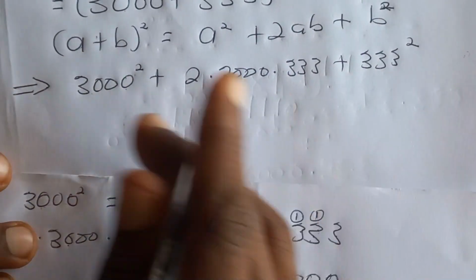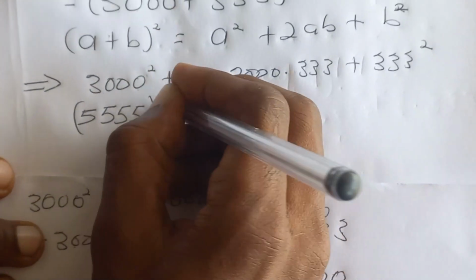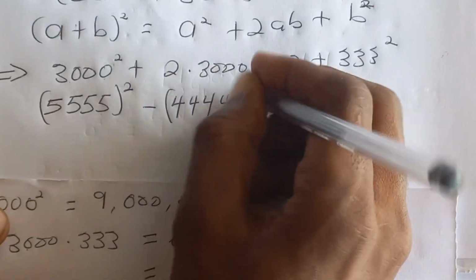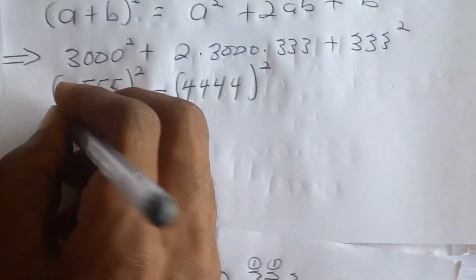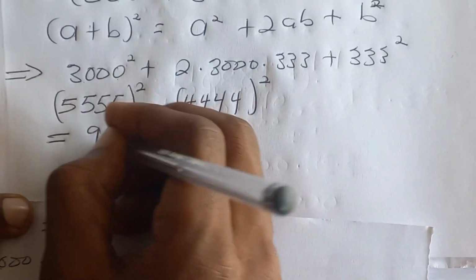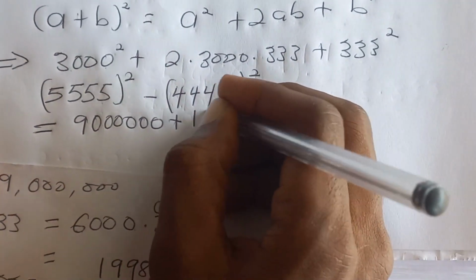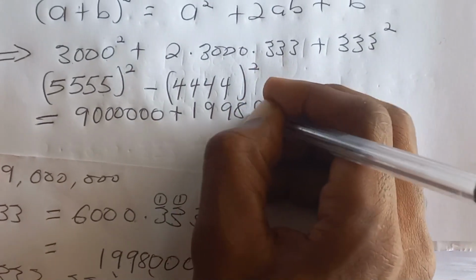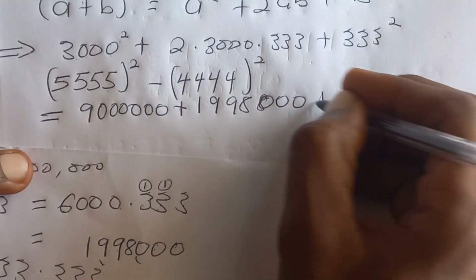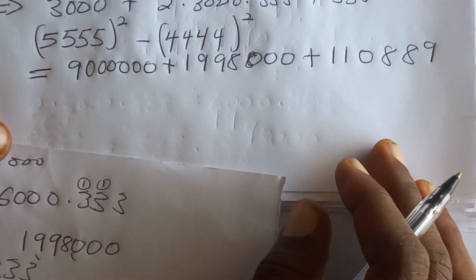It means that 5,555 all squared minus 4,444 all squared is equal to 9 million plus 1,998,000, then plus 110,889. So let's add everything together again.